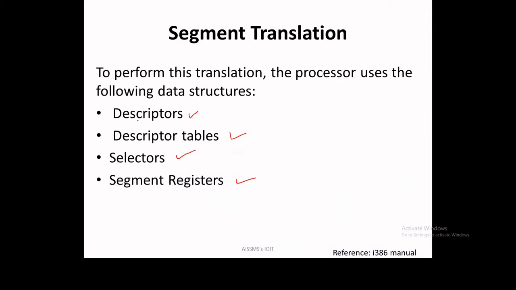Each has some structure or number of bits that determine how the segment translation is done. So segment translation contains these four data structures: descriptors, descriptor tables, selectors and segment registers. We'll see them one by one now.